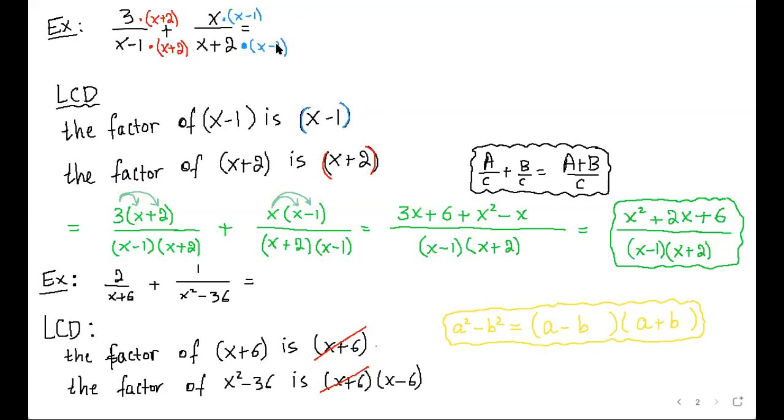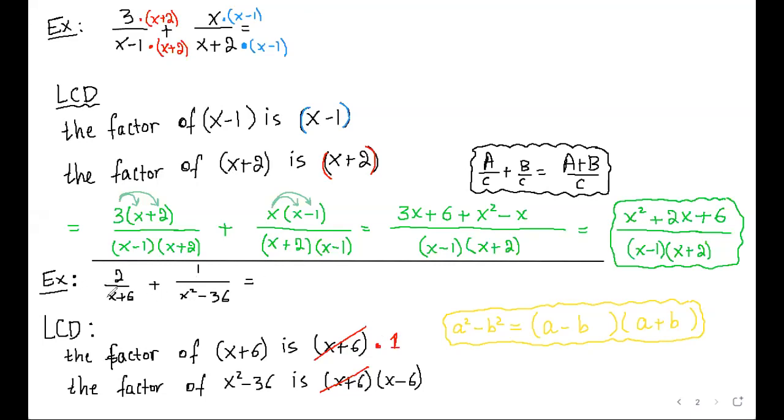So we cancel x plus 6 with x plus 6. Now the remaining factor here, when we cancel the x plus 6, is times 1.